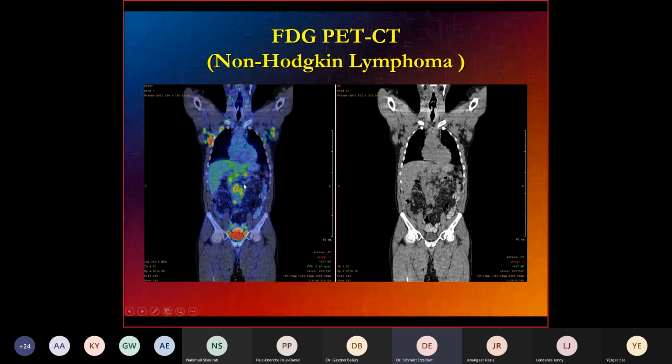In the whole body scan, you can see supra and infradiaphragmatic, cervical, axillary region, and para-aortic region, both parailiacal region, pathological lymph nodes with high glucose utilization. These are manifestations of the malignant hematological disease.